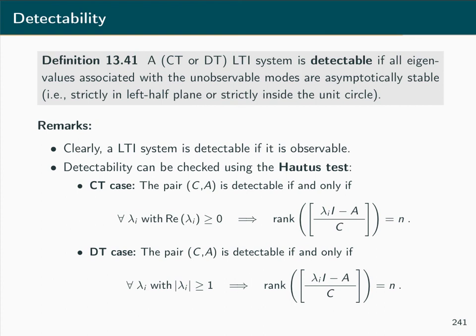And similarly, for the discrete time case, the pair C, A is detectable if and only if for every eigenvalue lambda I that is not asymptotically stable, the rank of this matrix, where we substitute lambda I here, must have rank n.